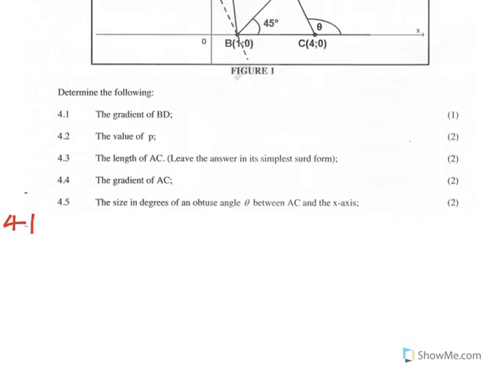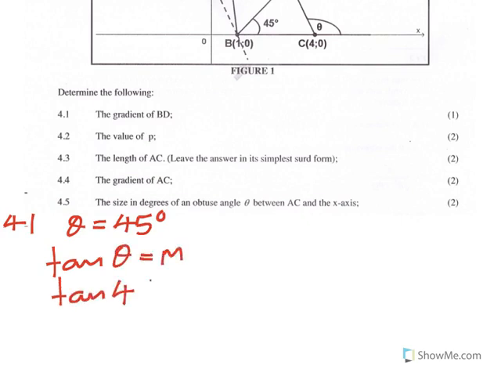Now, they told us that theta in this case was equal to 45 degrees. That's why it's 1 mark. So you just say tan theta is equal to m. In this case, tan 45 is equal to m. If you punch tan 45, you're going to get 1.